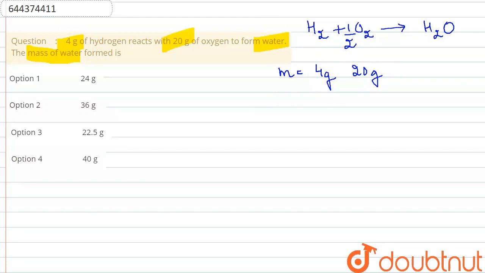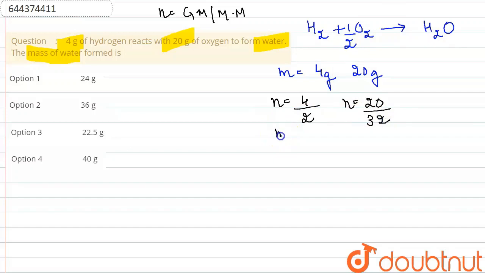So let me write it down here, that number of moles is equal to given mass divided by molecular mass, right? So number of moles here will be, for H2 will calculate, it will be 4 divided by 2, and for oxygen it will be 20, which is given to us, divided by the molecular mass of O2 is how much? 16 plus 16, it will be 32.